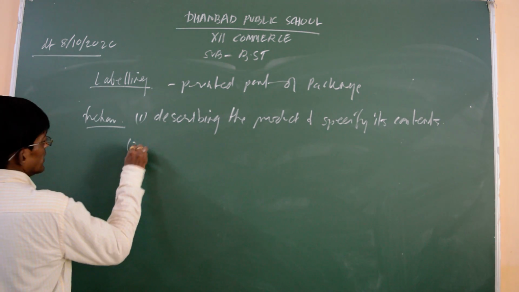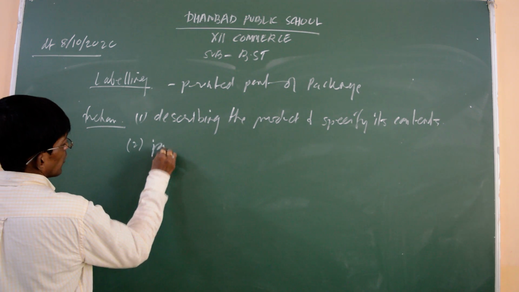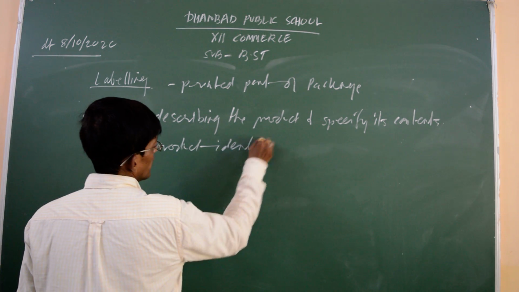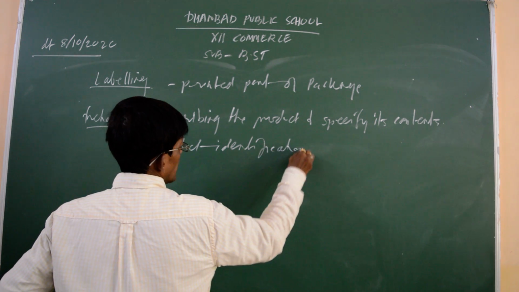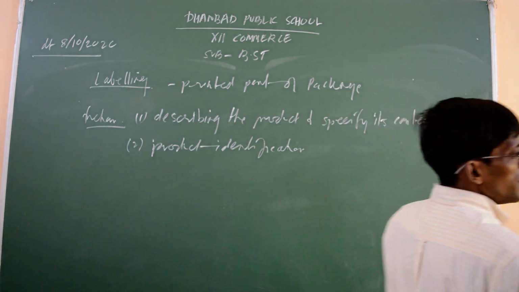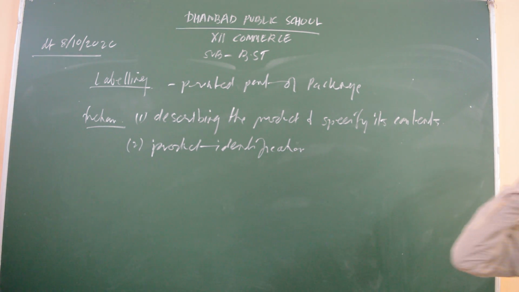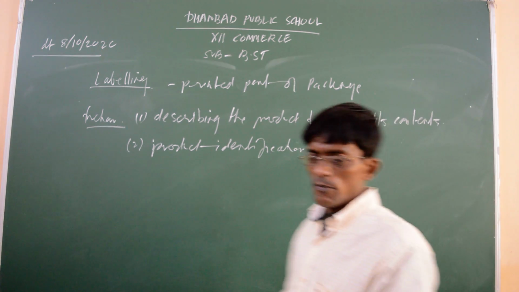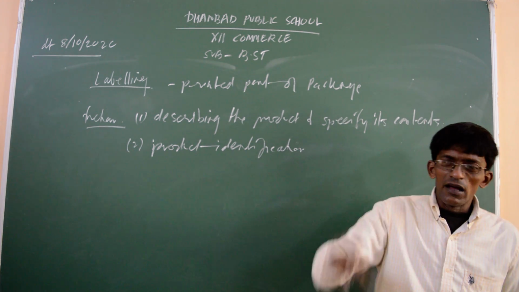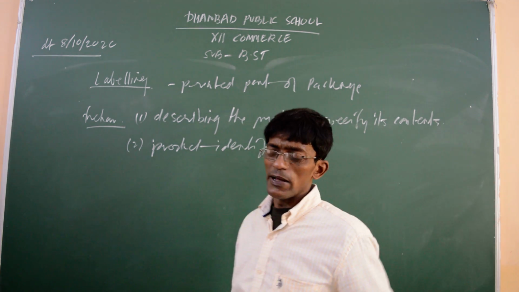Next, identification of the product, or product identification. Just by seeing the label, that is the name of the product, and sometimes even the brand comes in printed form. For example, if you consume a packet of chips or a biscuit of Britannia, you can see the name Britannia written on the package itself.